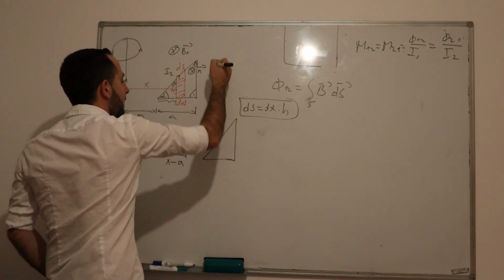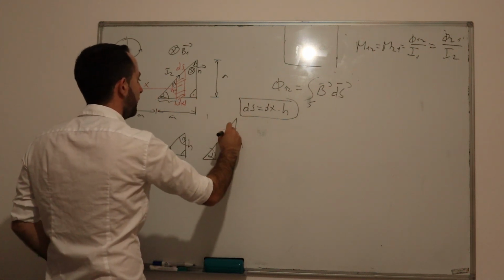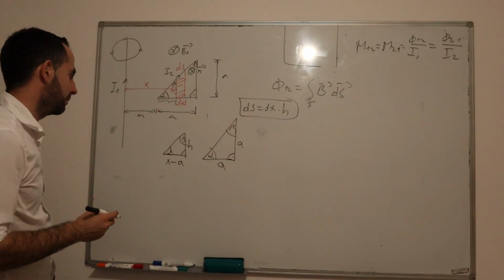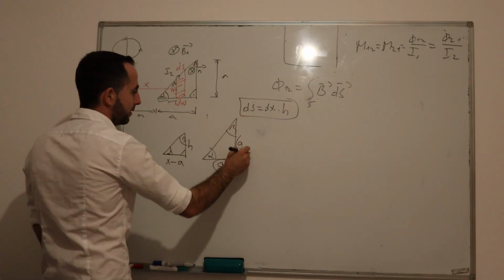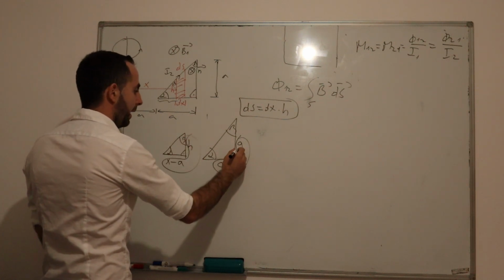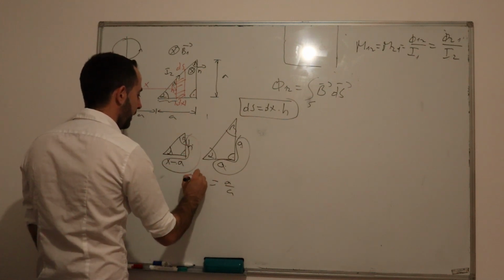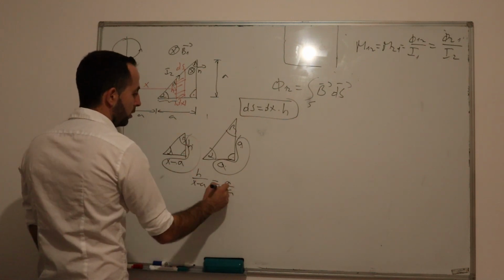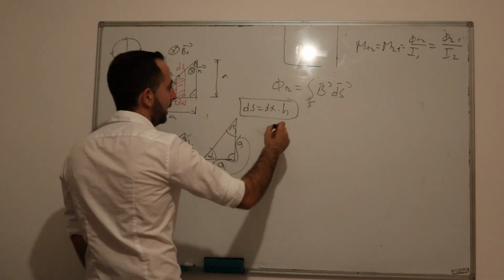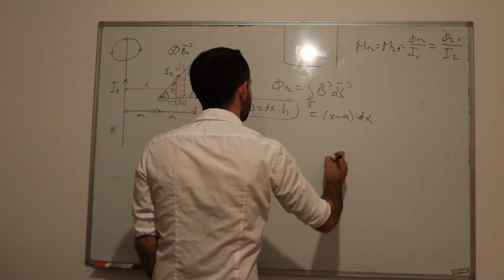Here the height is a, this is also a, this is alpha, beta, right angle, and using the similarity between triangles I can divide these two sides and it must be equal to this. So a divided by a is equal to this height divided by x minus a. So from here the height is x minus a. So dS is x minus a times dx.